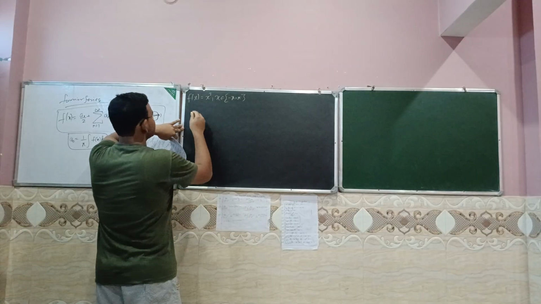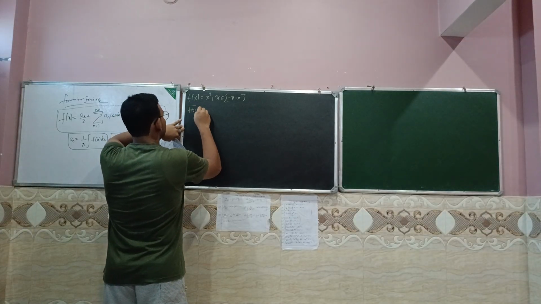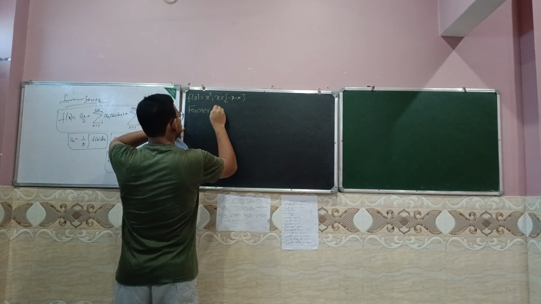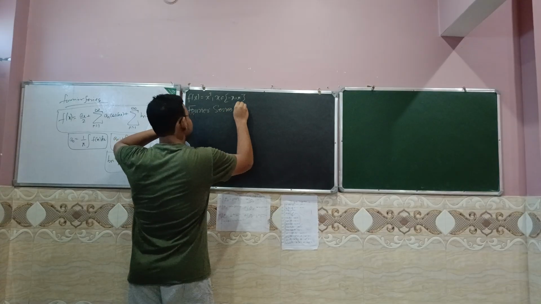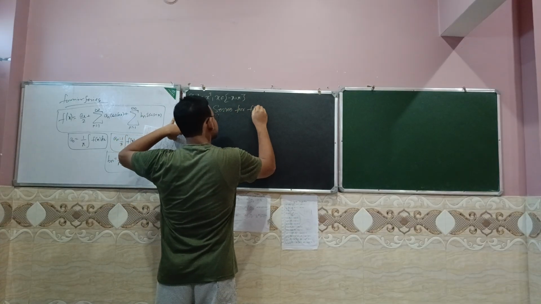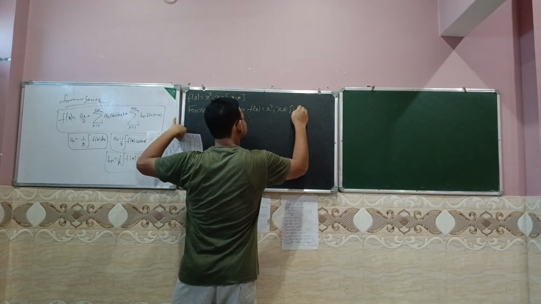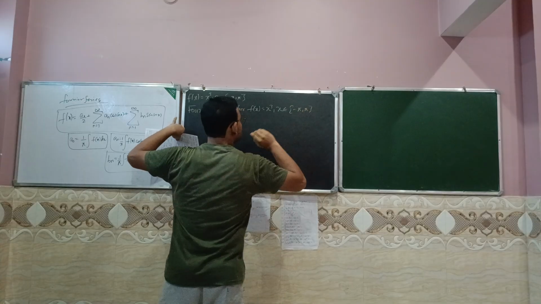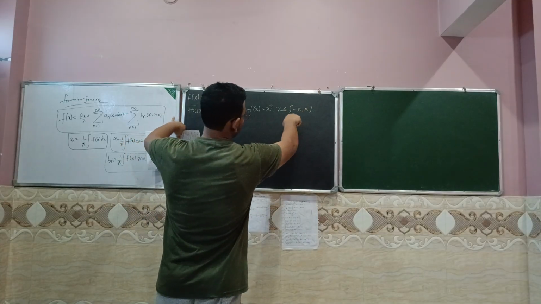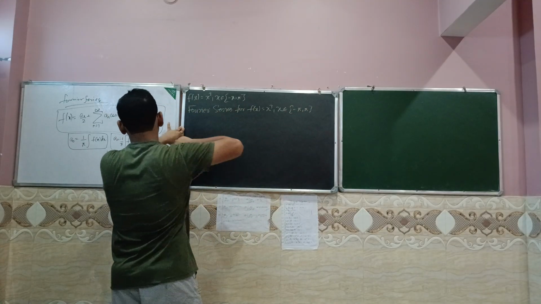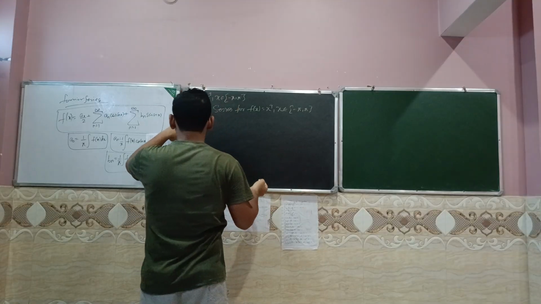So we have the Fourier series for f of x as x cubed, where x belongs to negative pi to pi. This is going to help us in the evaluation of a naught, a n, and b n.